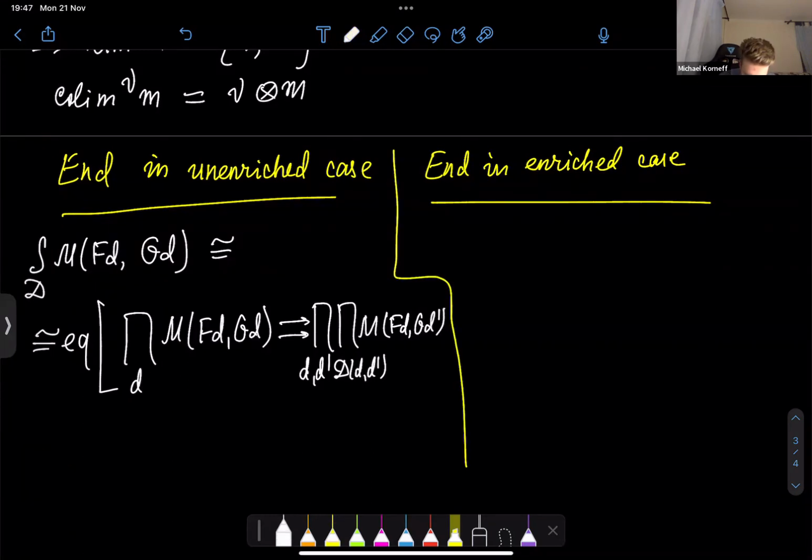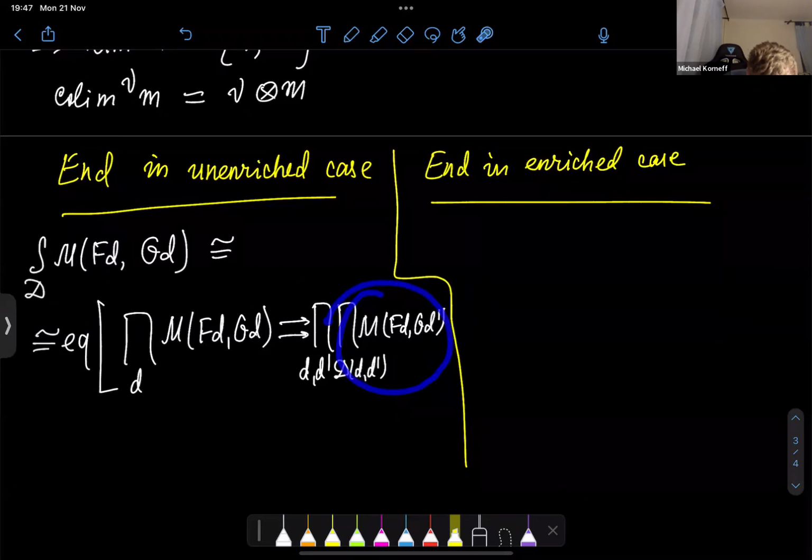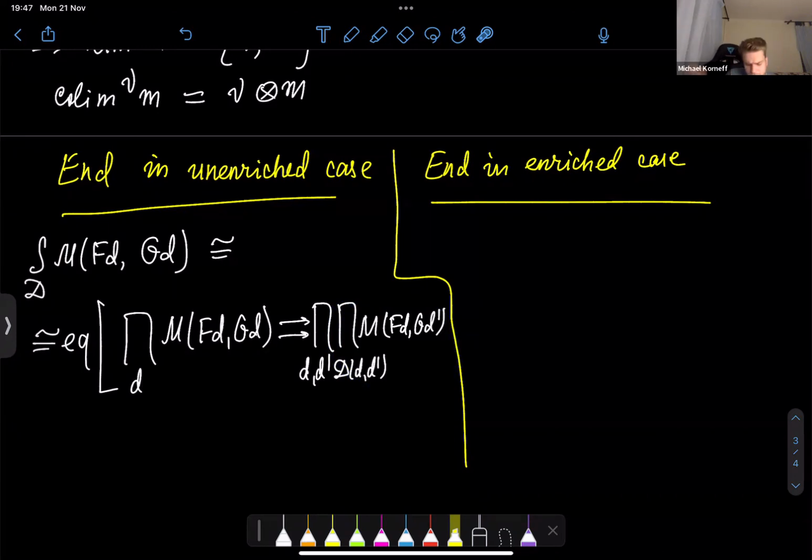Okay, and in the enriched case, we should replace this term, the copower, by the power term.